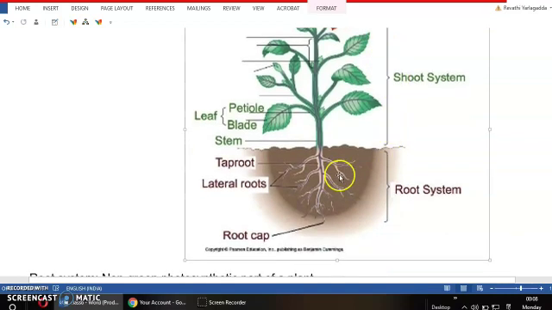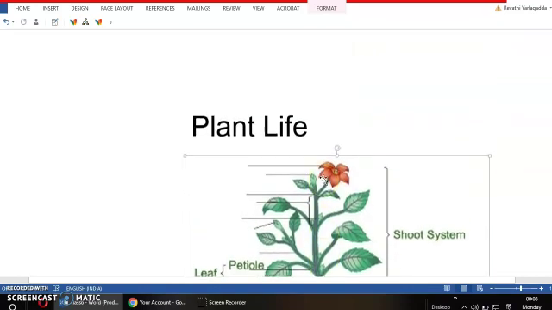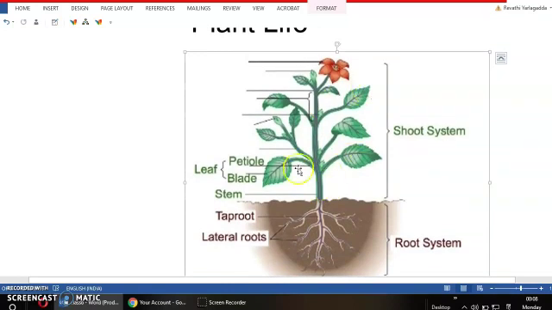First we will study the root system and then we will move on to the shoot system. The root system forms the underground part of the plant, and it consists of roots and some branches. Whereas the shoot system is the aerial part of the plant.